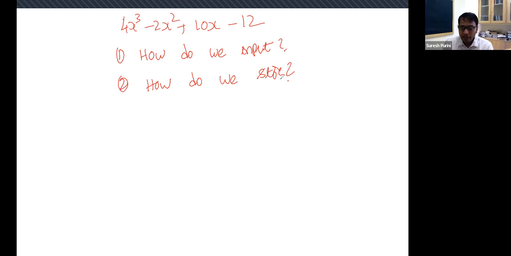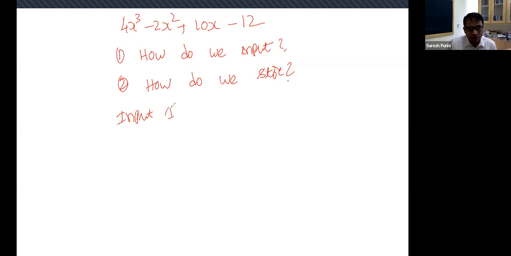But when you want to use a computer to find the roots of this polynomial or to evaluate it at a particular point, you don't need to give the input as 4 times x minus 2x square, etc. You don't need to do it. There are two ways of giving the input.